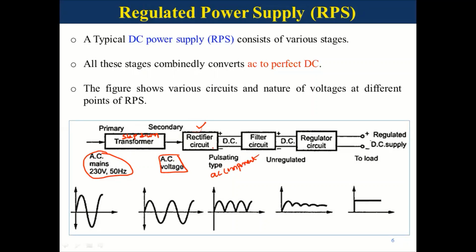That's why the output of the rectifier is given to a filter. This filter tries to eliminate most of the AC component, but the output is not perfect DC. That's why the output of the filter we call unregulated DC. There is a very small AC component in the output.